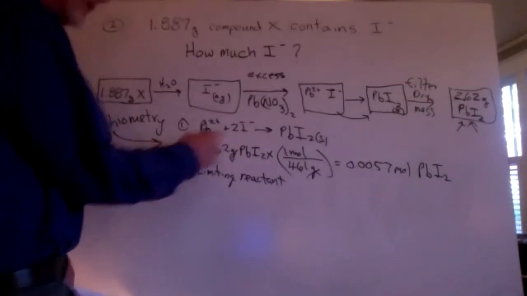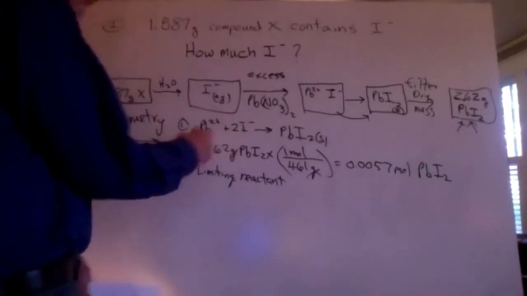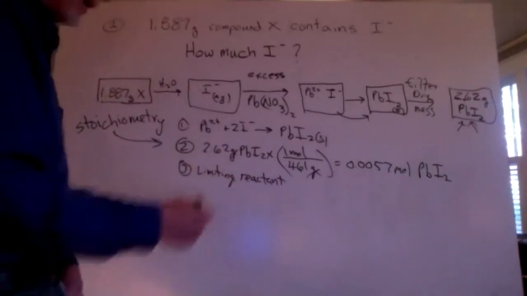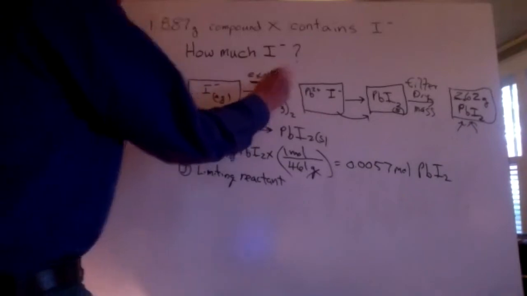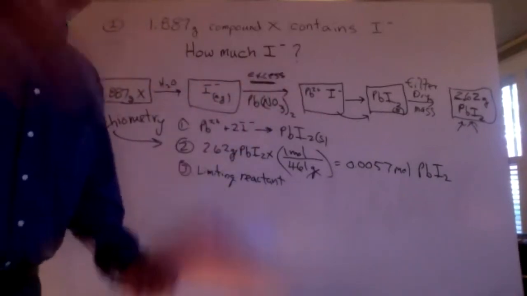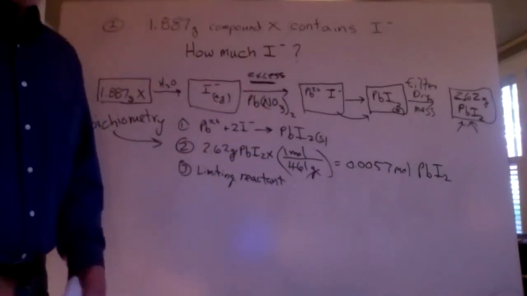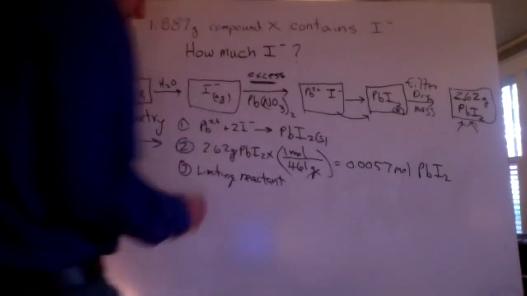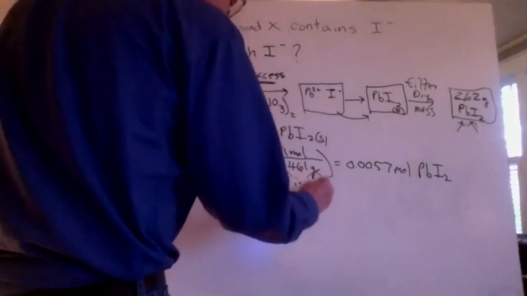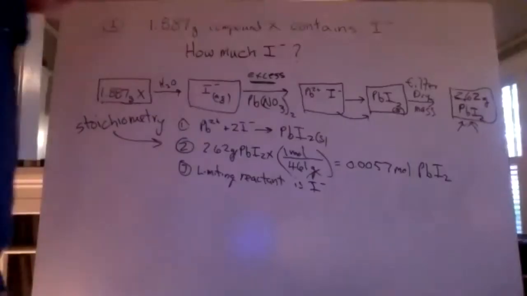We have the lead and we have the iodide. Which of these 2 gets used up first? That would be the limiting reactant. It's the iodide. How do we know that? Because we added excess of the lead. We added a whole lot more than was necessary to precipitate all that iodide ion. So the limiting reactant is I minus, the iodide ion.